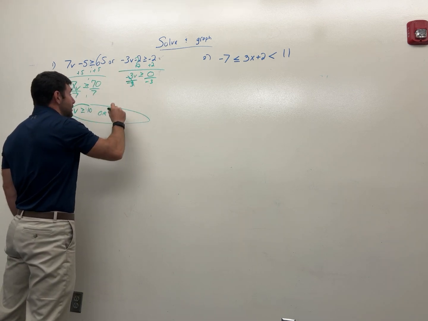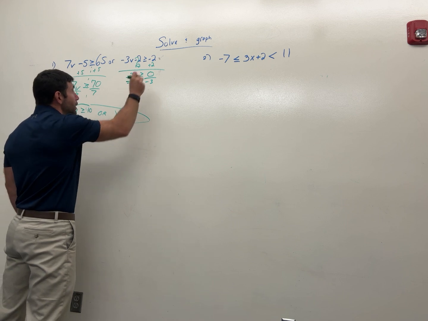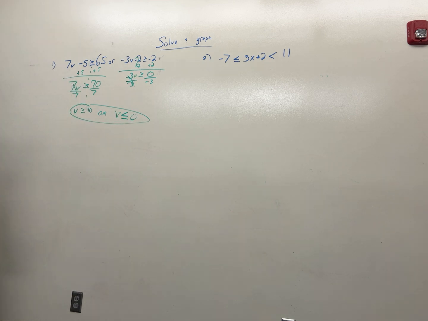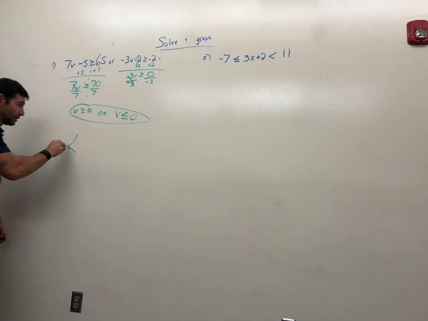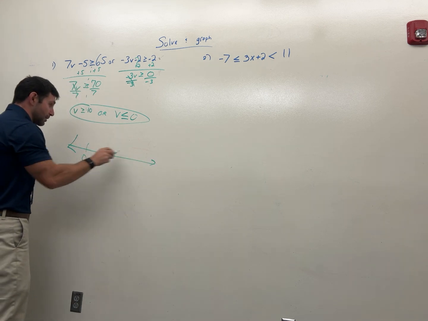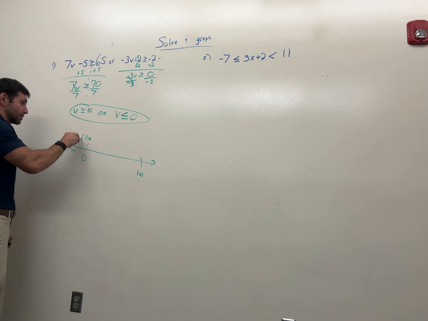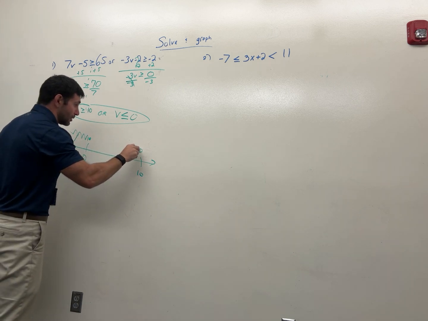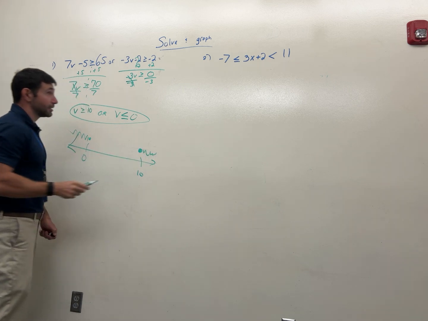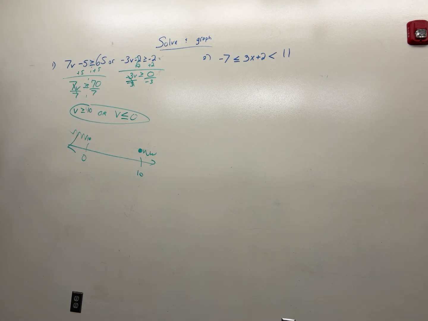But when I divide by a negative, we flip the inequality. So I have v less than or equal to 0, v greater than or equal to 10. What questions do we have on that one? Relatively easy.